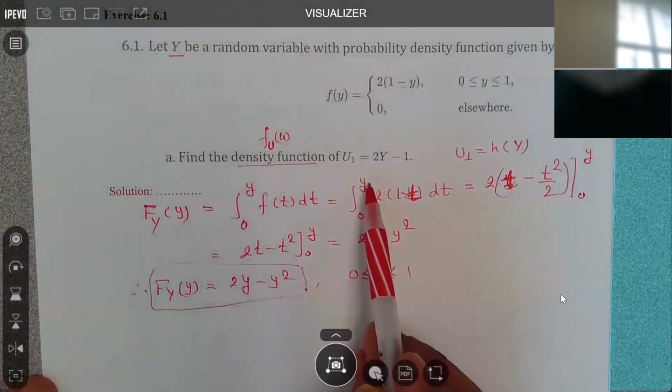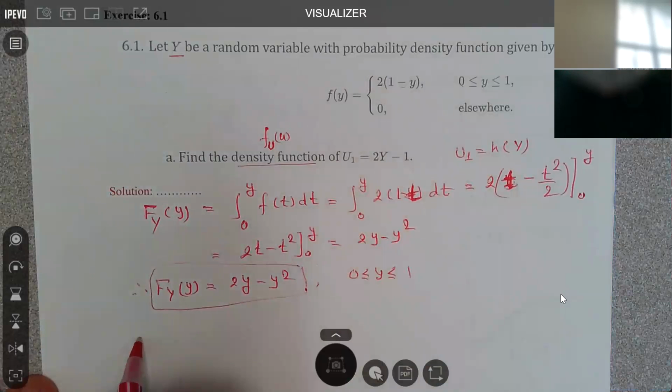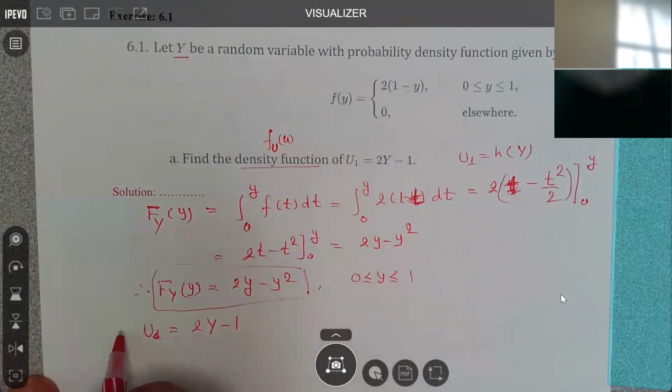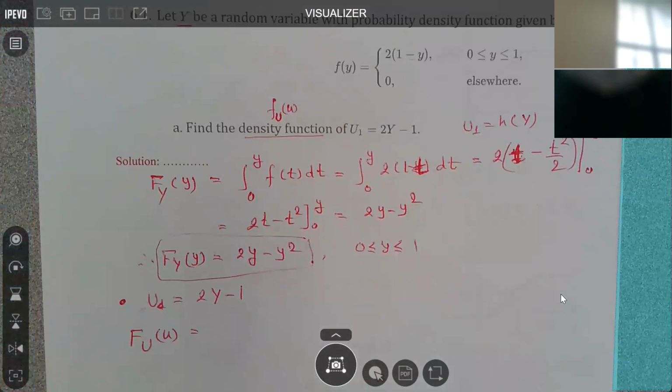Now we want to find the density for this U here. Then we have U equals 2Y minus 1. First find the CDF of F_U(u).